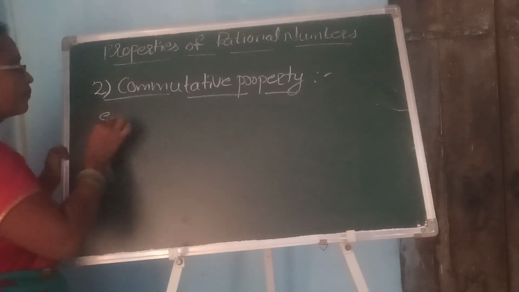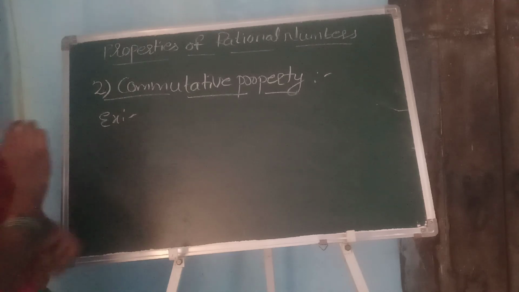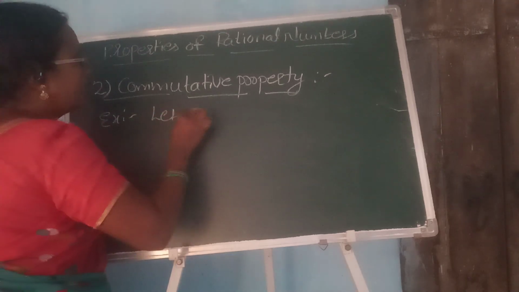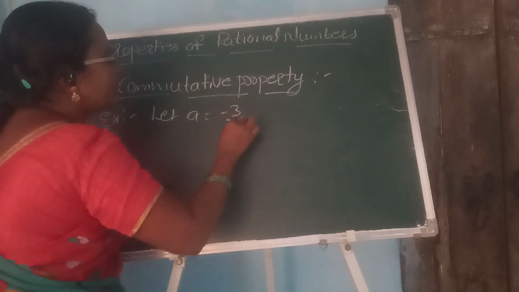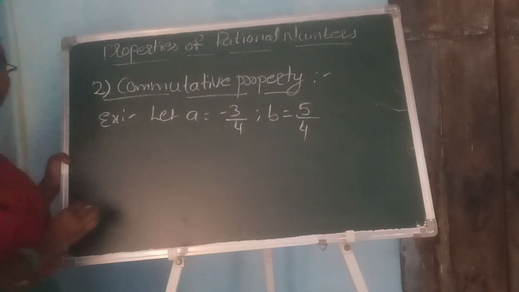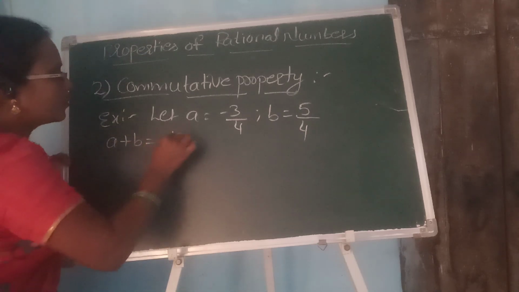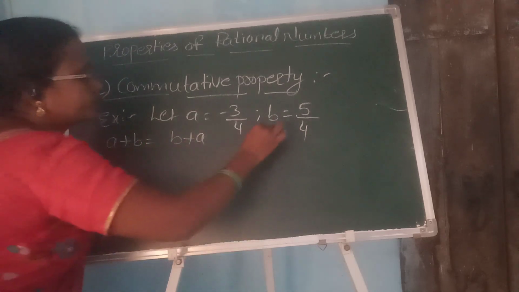Now, example. The same values we are going to take for a and b here. Let a is equal to minus 3 by 4, b is equal to 5 by 4. Now the rule for the commutative property is that a plus b is equal to b plus a.